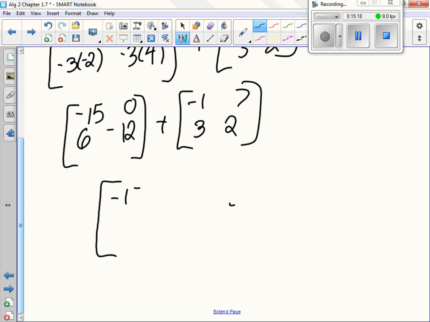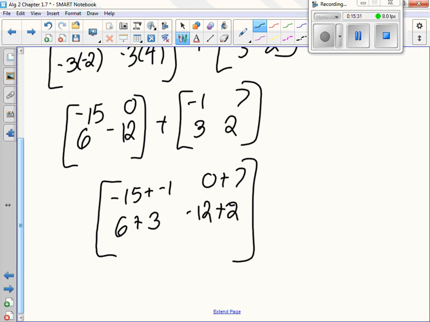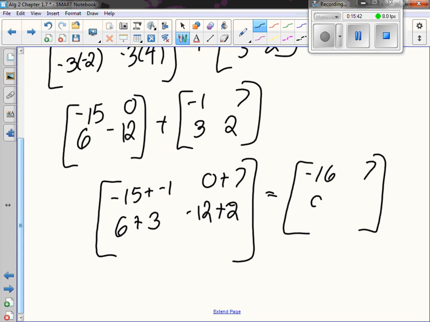So we're going to have negative 15 plus negative 1, 0 plus 7, 6 plus 3, and negative 12 plus 2. Negative 15 plus negative 1 is negative 16. 0 plus 7 is 7. 6 plus 3 is 9.